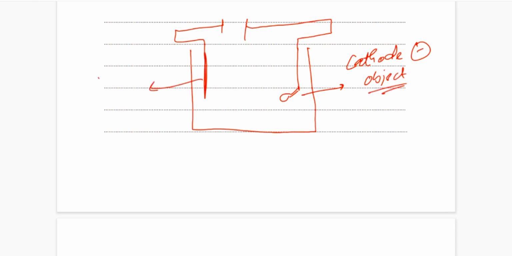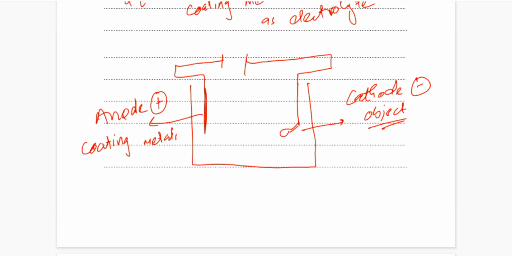And this is the anode, which has the plus charge, and the coating metal is here. This is the battery, plus and minus.